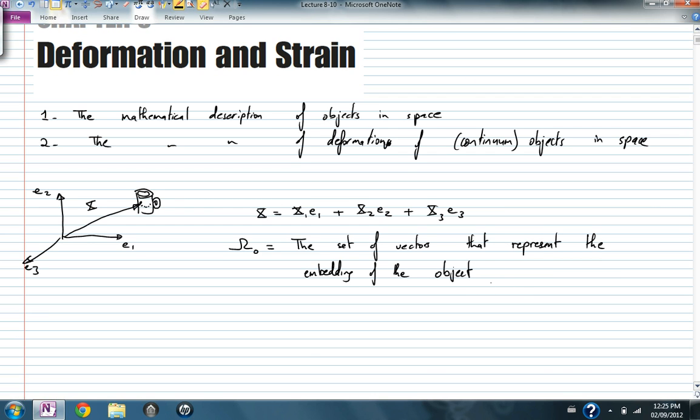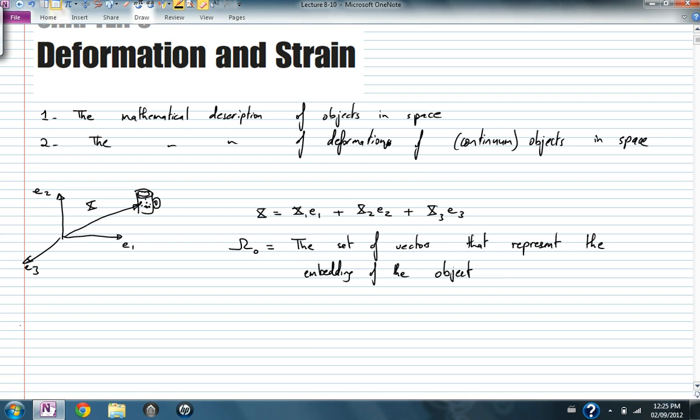So omega naught is the set of vectors that represent the embedding of the object. So all the vectors that represent the material points of that object, I put them in one set, and I call the set in general omega naught.